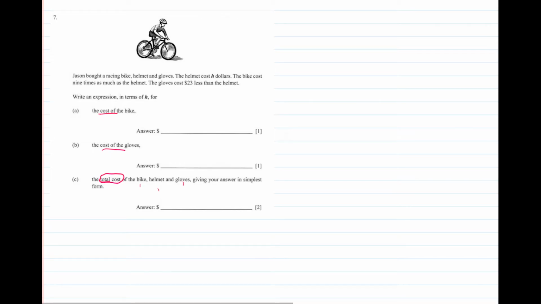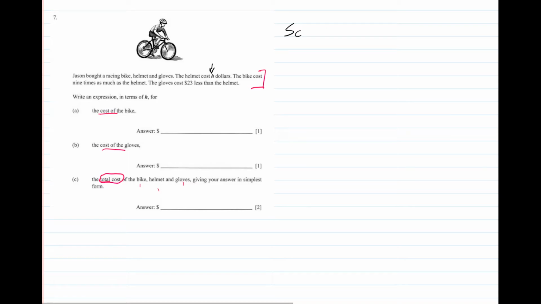So how do we do this? Anytime I get questions like this, I always look at the prompt to really understand what it's telling me. If we look at the prompt, we can see it's saying the helmet costs $8. So on the side here, I've got my scratch work.